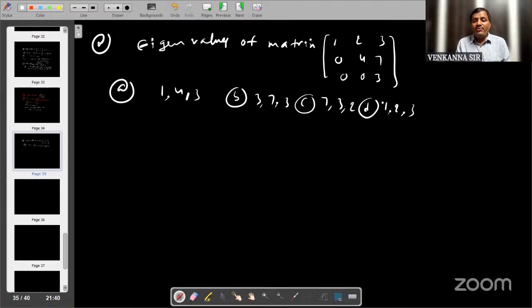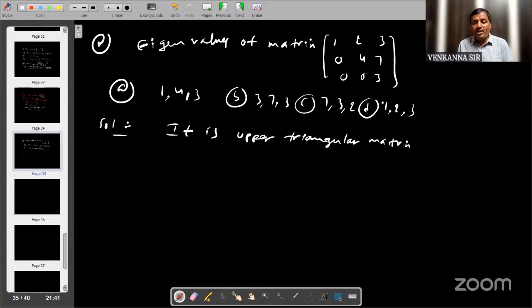See, it is a square matrix. What type of matrix is it? It is an upper triangular matrix. What are the eigenvalues of an upper triangular matrix?